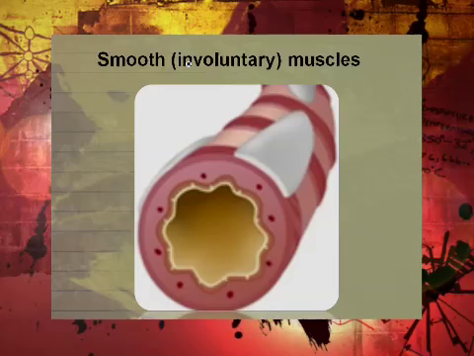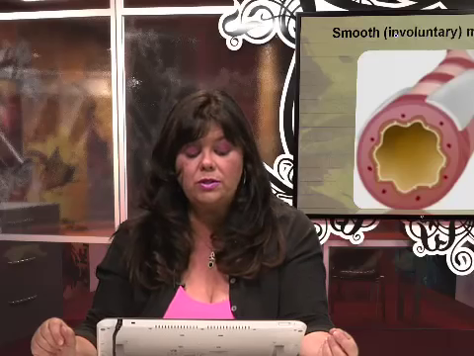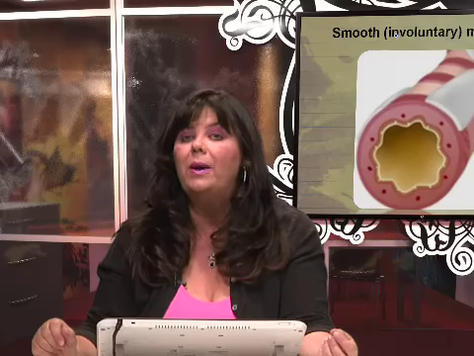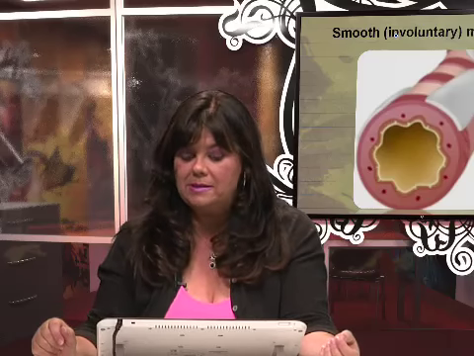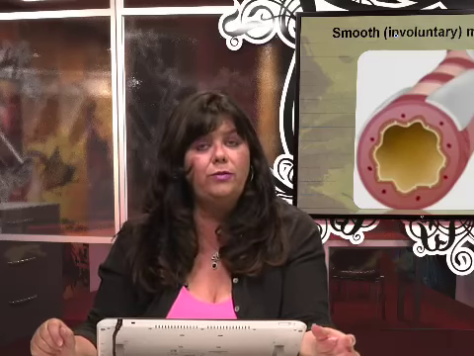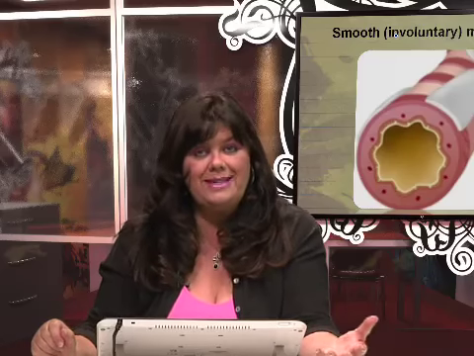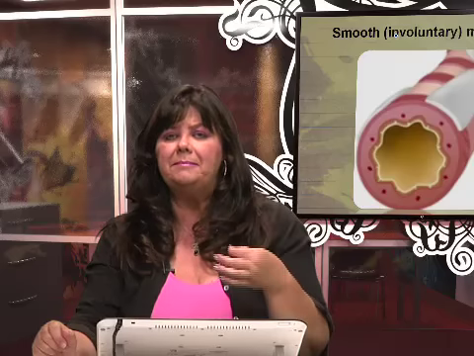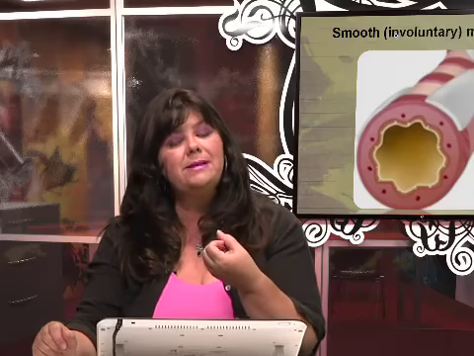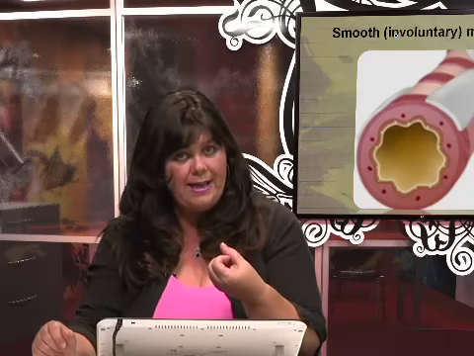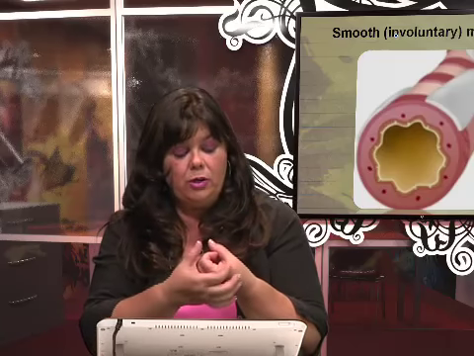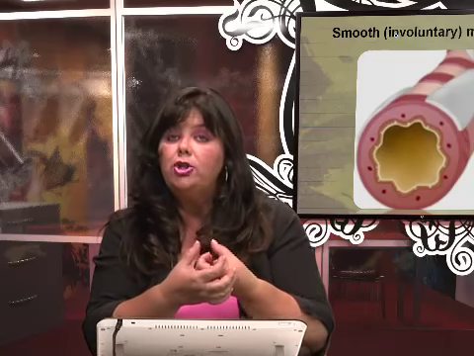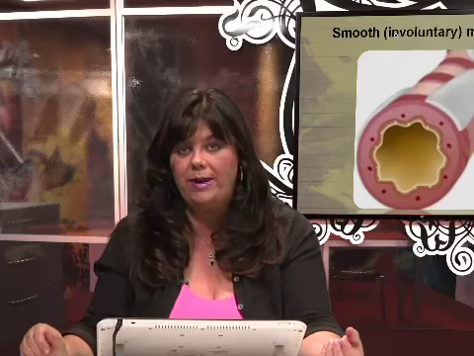But you've got very, very important muscles that you don't have to think about for them to work, and those are your smooth or involuntary muscles. Every single one of your arteries and veins has a very, very thin muscle layer that enables the blood vessel to contract, and then those are circular muscles, and longitudinal muscles help them to relax.